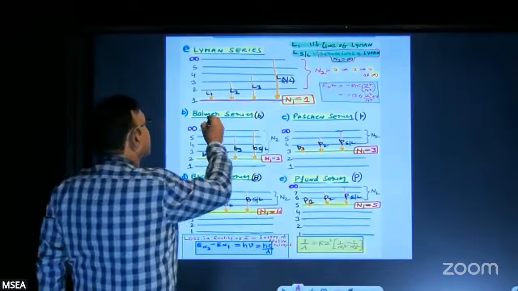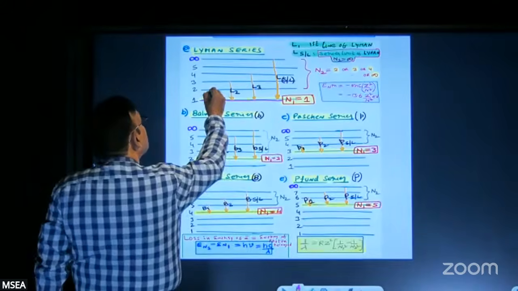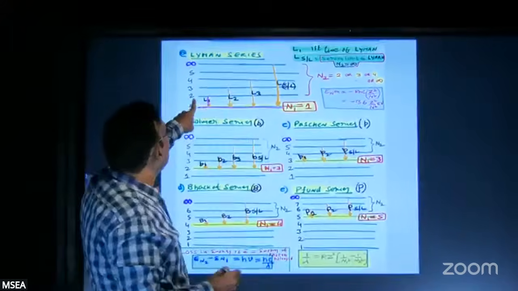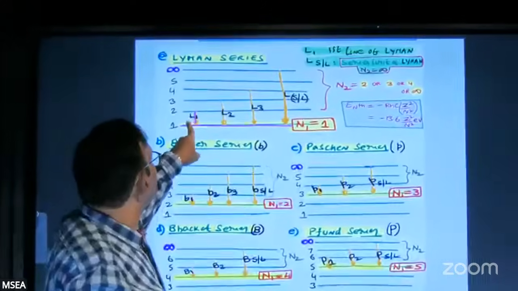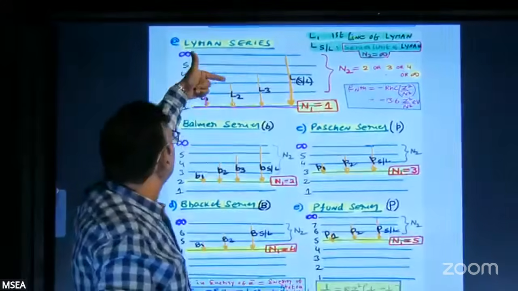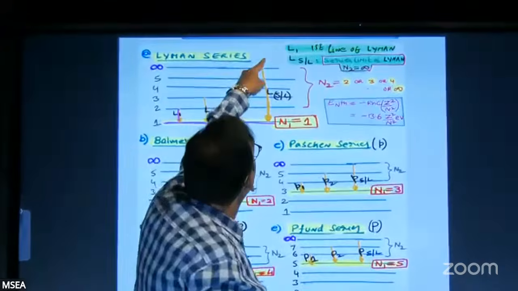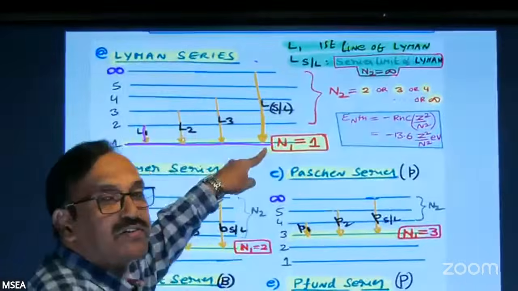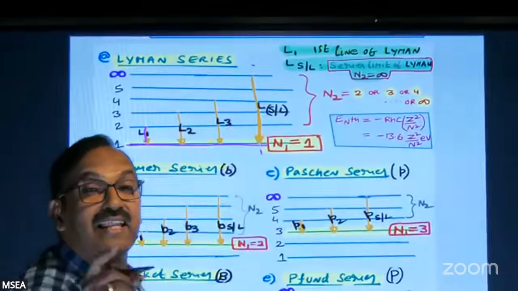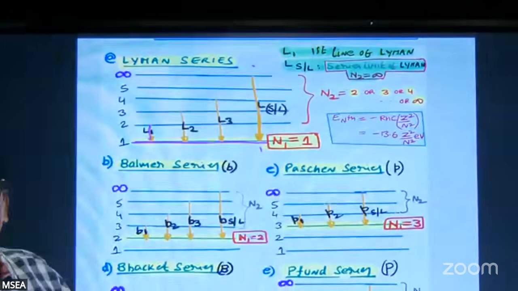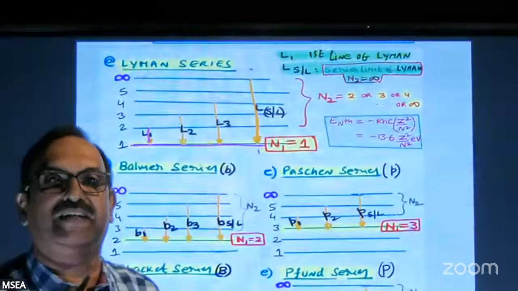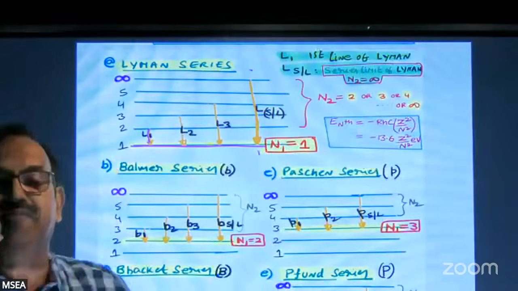Under the Lyman series, when the electron is jumping from 2nd to 1, you get the first line of the Lyman series, L1. 3 to 1 is the second line, L2. When it is jumping from the infinite orbit to the first orbit, you get the last line. That last line is known as the series limit.